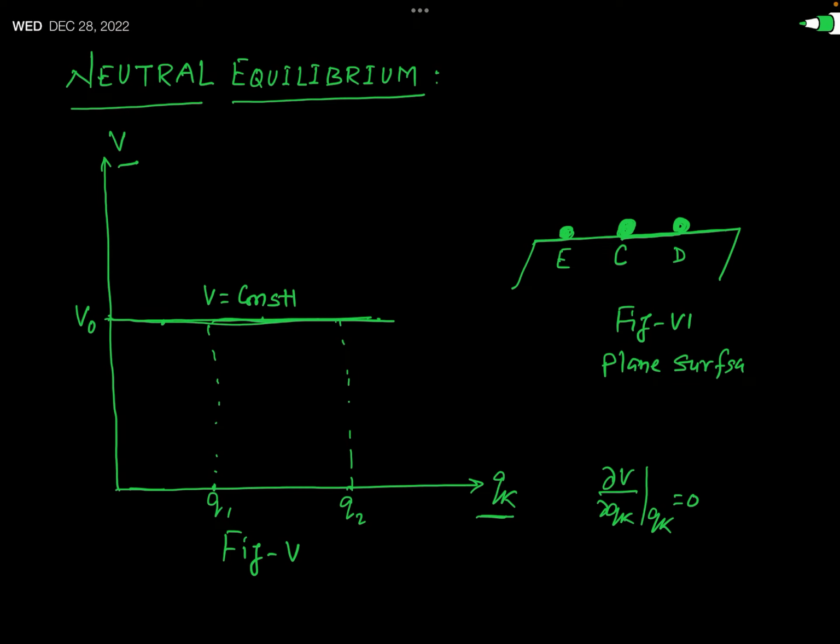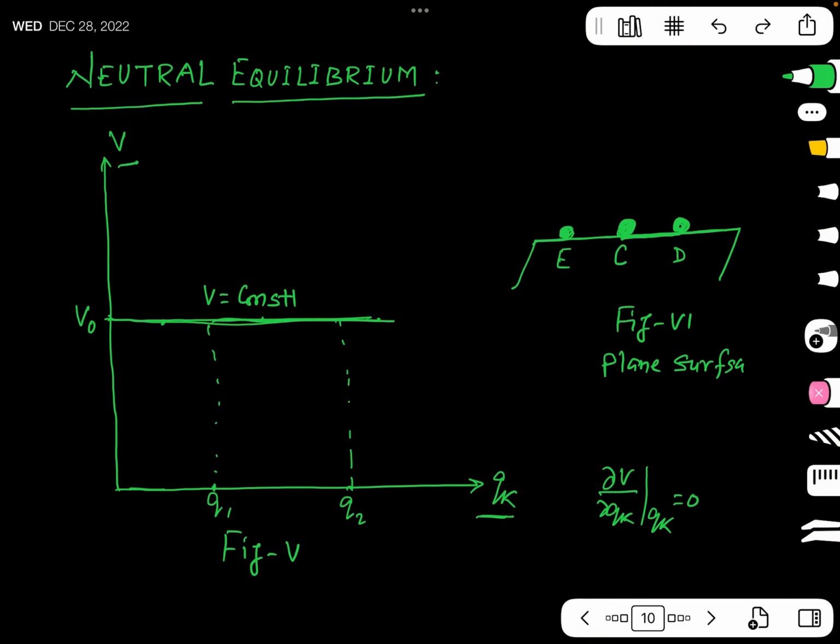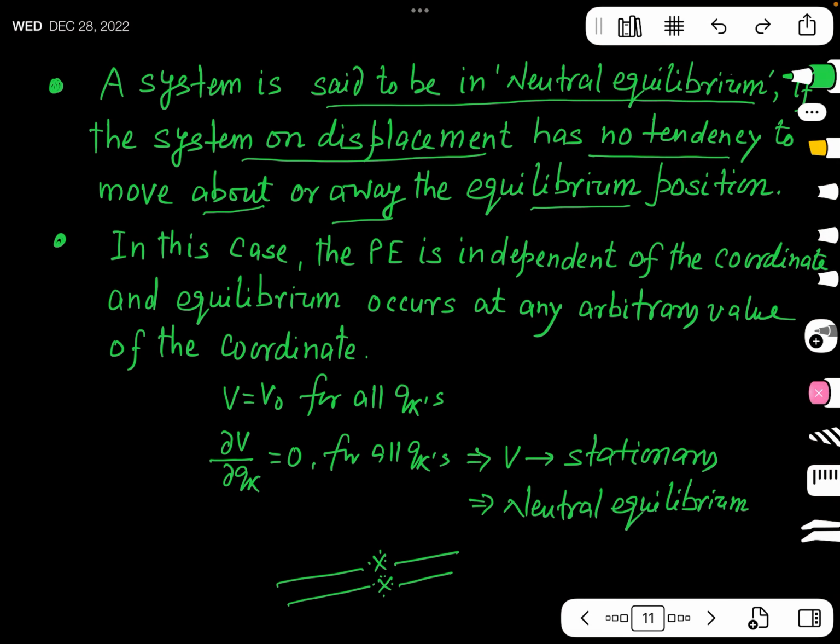So the main fact is that in neutral equilibrium, the potential energy function is stationary, it is constant, it is independent of position. Even after a displacement from the equilibrium position, the potential energy function does not change. So I have mentioned it here.